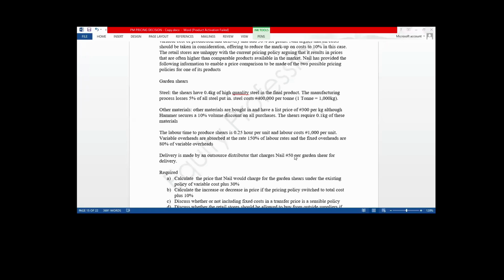Then we are going to add a percentage markup. When we go back to this question now, we have material, steel. Examiner says the spare has 0.4 kg of high quality steel. I think this should be quantity.